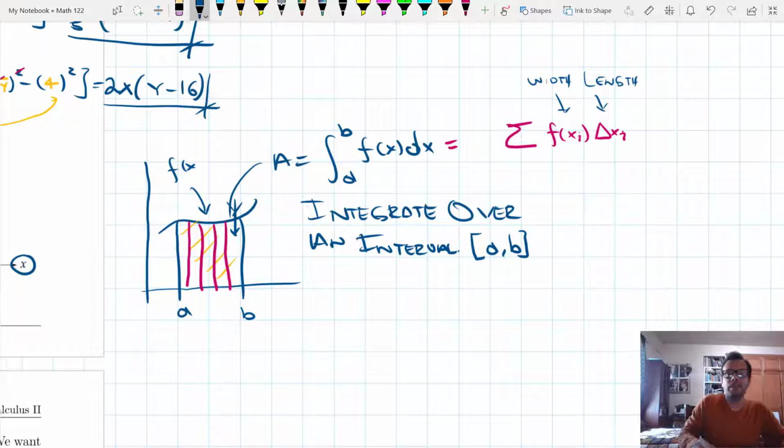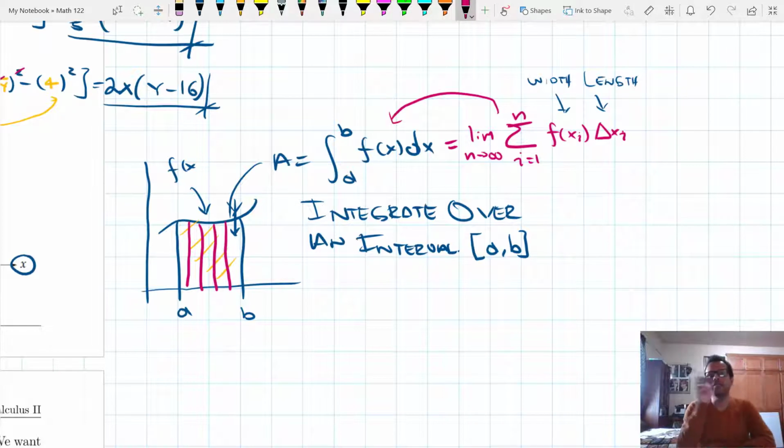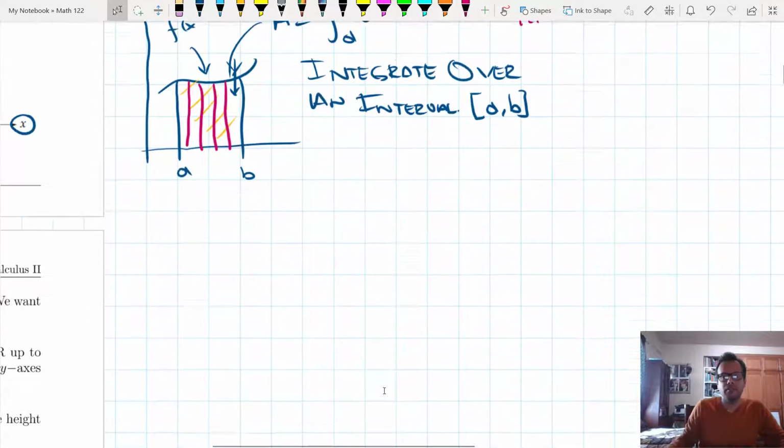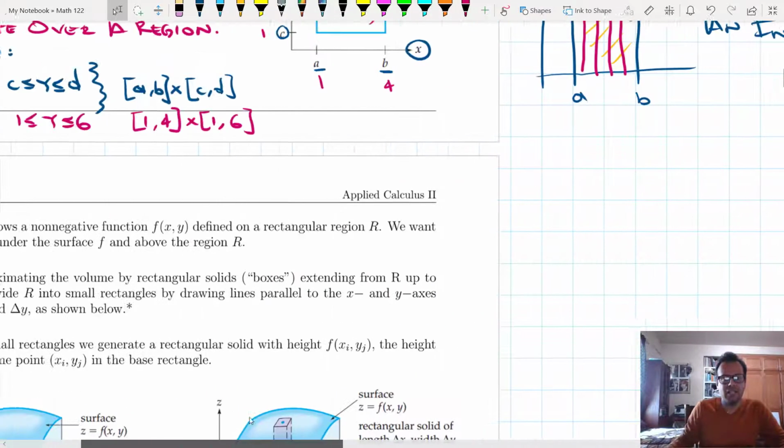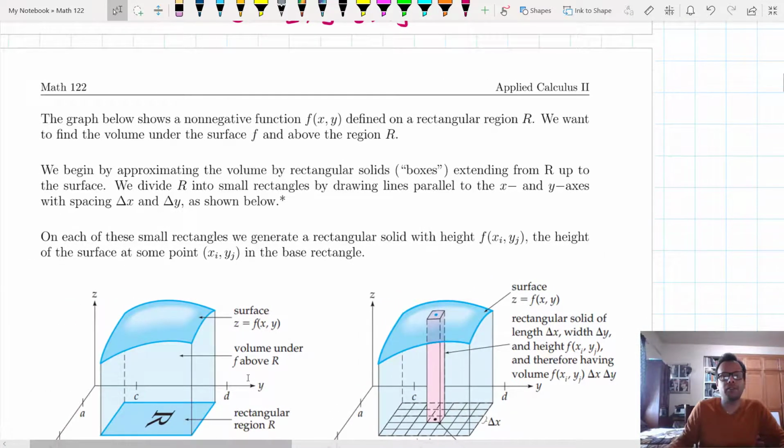We consider starting with the first rectangle and going to n rectangles. However, if we take the limit and make n approach infinity, that was where the integral came from. So in a similar way, we are going to define what the double integral is.